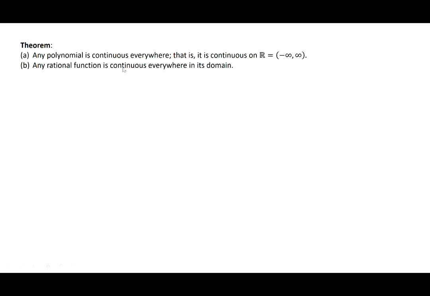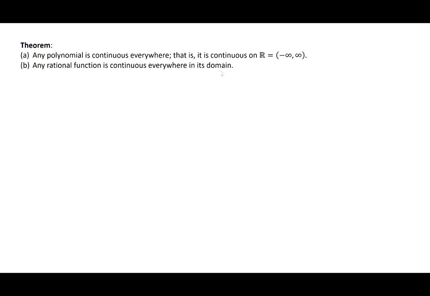What in the world do they mean? Notice, they say in its domain. Is x equals 1 in the domain of 1 over x minus 1? Nope. Why not? Because if you plug 1 for x, in order to evaluate f of 1, you'll get 1 over 1 minus 1, which is 1 over 0. That is undefined.